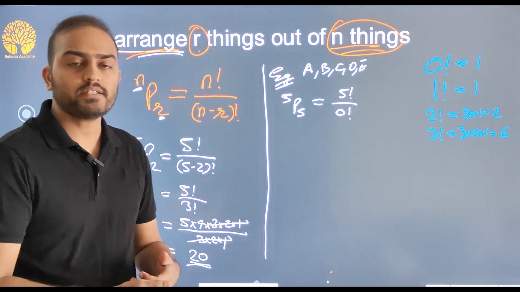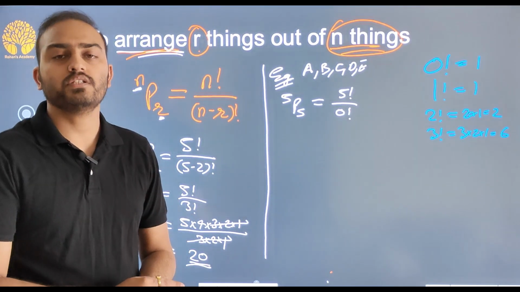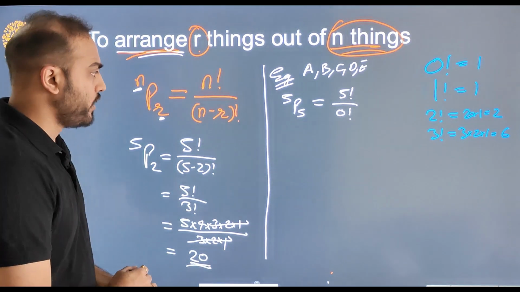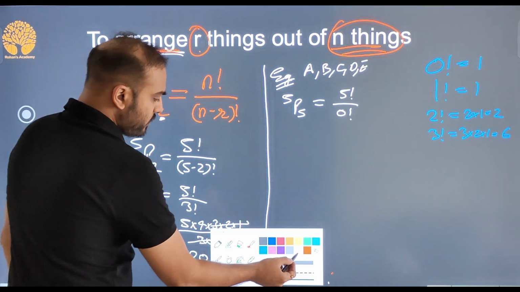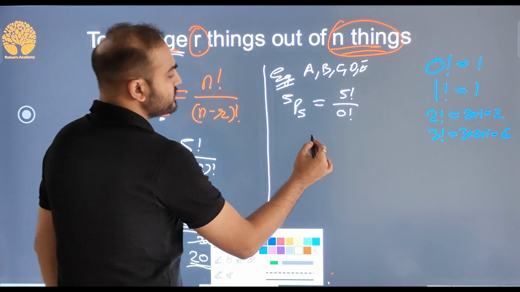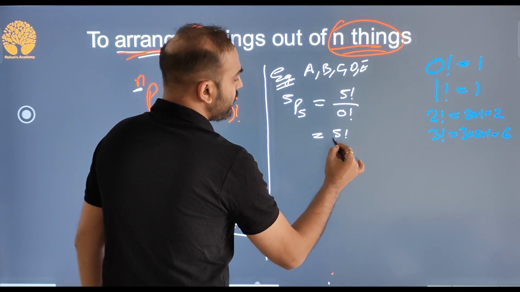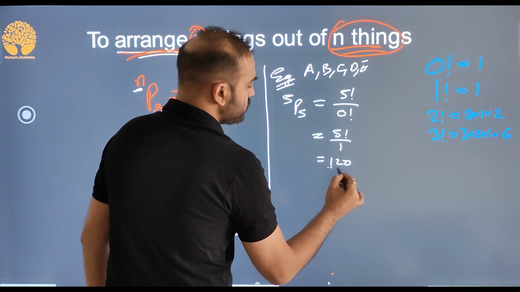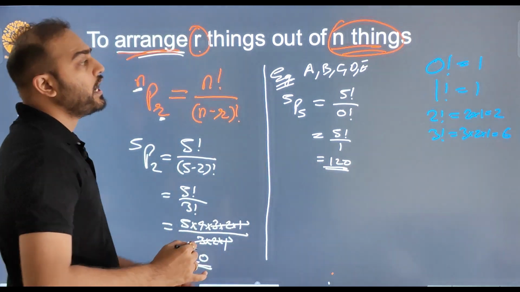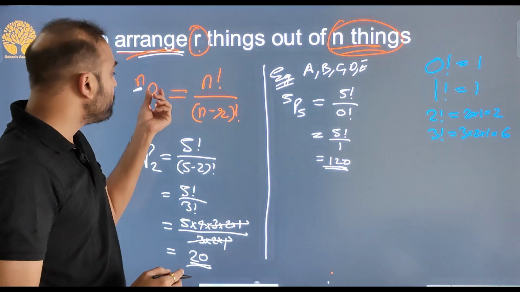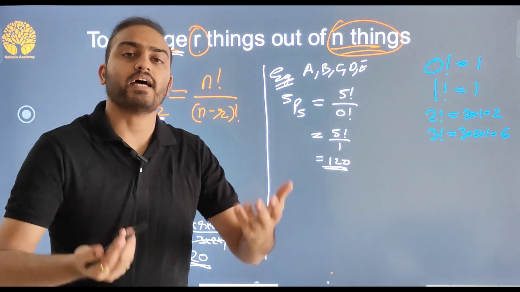So if we continue, that's 5 factorial by 0 factorial, which is 5 factorial by 1, which is 120. Again remember, the value before P is the number of options I have.